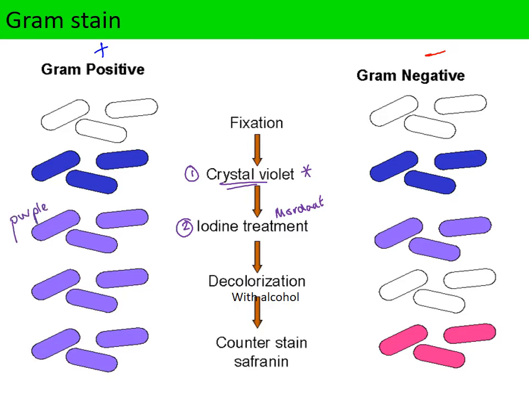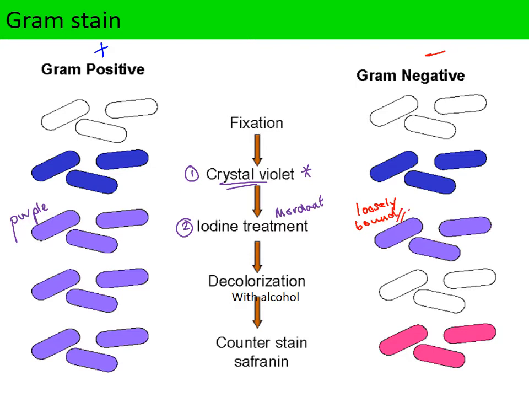Now, obviously the crystal violet is not covalently bonded to the thin layer of peptidoglycan in the gram-negative bacteria, and that's because the crystal violet at this point is loosely bound to the outside of the lipopolysaccharide membrane.